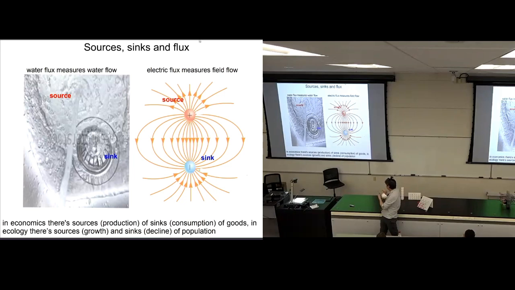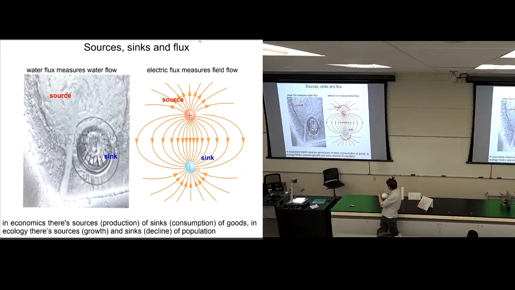We can think of the positive charge as a source of electrical field, like we thought of the faucet as a source of water, so it's a source of electrical field or electrical flux. We can think of the negative charge as kind of a drain for the electrical field or the electrical flux, like we thought of this drain as kind of the sink for the electrical field and for the water. So this is a sink for the electrical flux or electrical field.